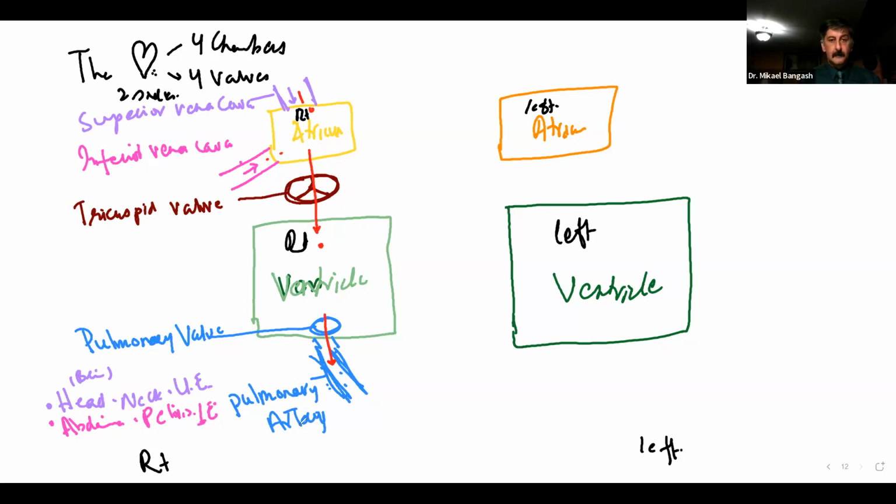Now, guys, although it's not what I want to go over right now, just briefly, any blood vessel that takes blood away from the heart, or we can say takes blood from the heart to an organ, will be called an artery.